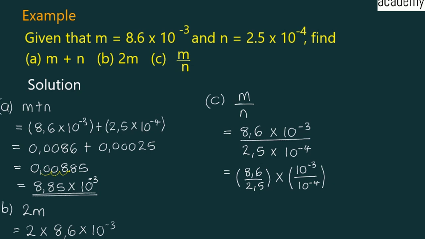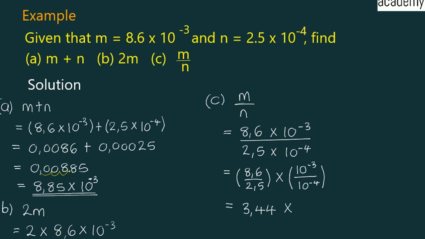Alright, and simplifying here, dividing 8.6 by 2.5, you can use your calculator or just do simple division right there. You'll be getting your solution as 3.44. And here we have 10 to the power of negative 3 divided by 10 to the power of negative 4.